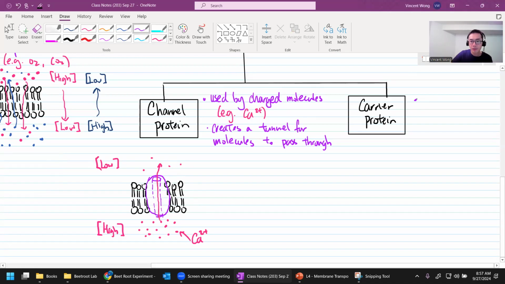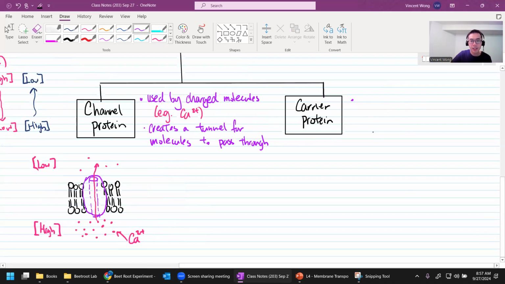Over here, for carrier protein, it is used by large molecules. Large molecules such as glucose.